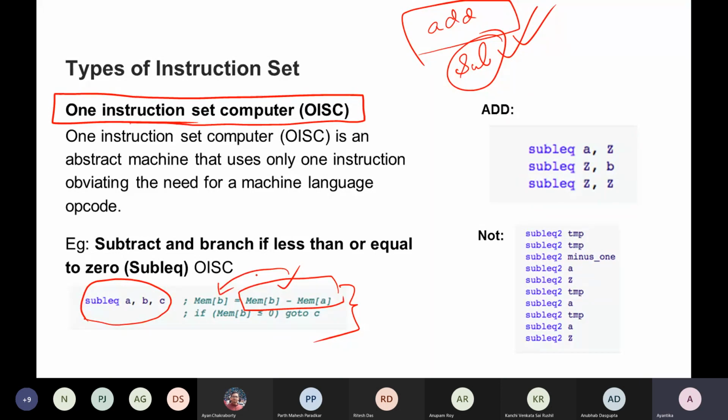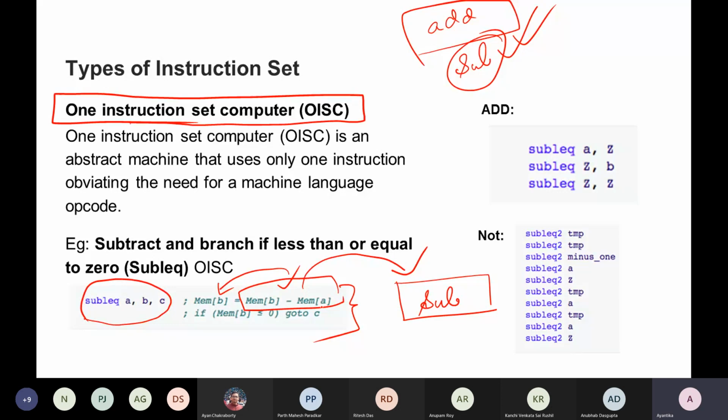If you think about the ALU of this particular computer, you have just one operation supported, one subtraction unit, nothing else, because you only need to compute this subtraction, and the result is stored to mem B, the memory location defined by this value.